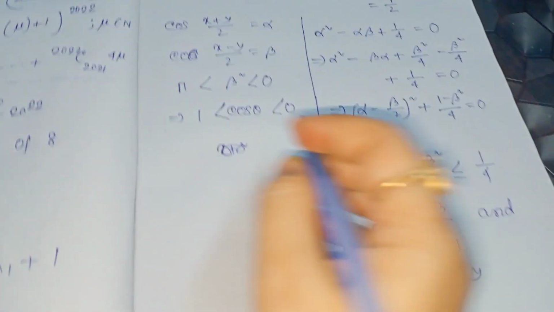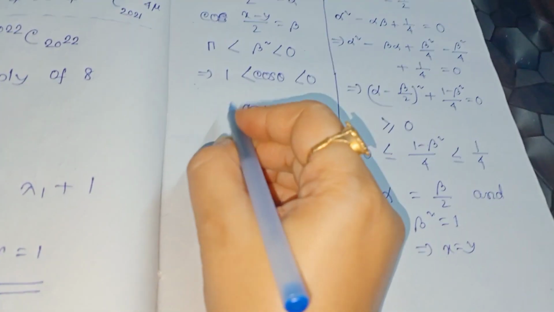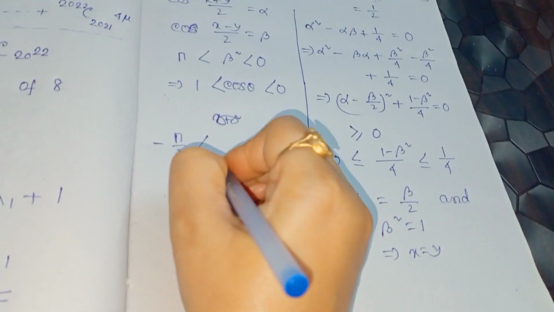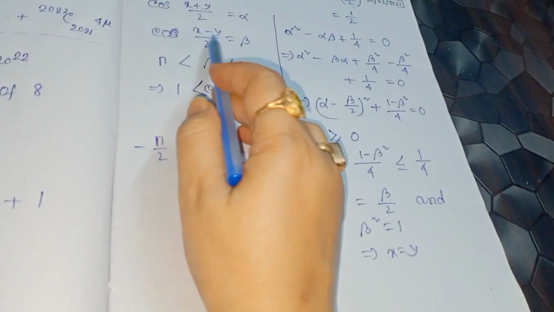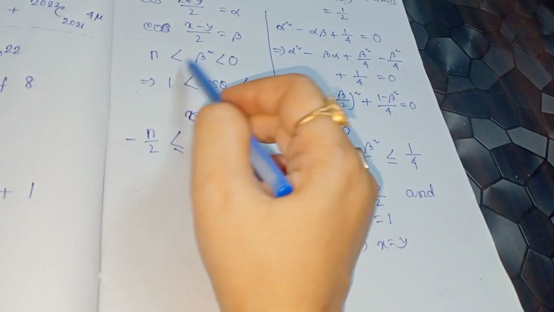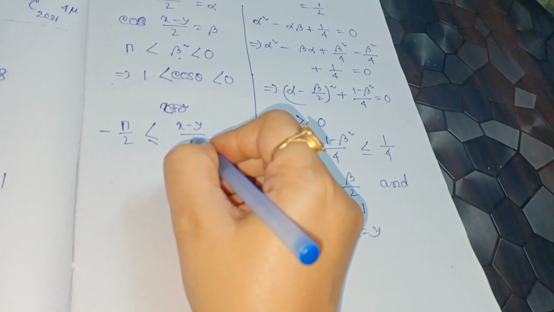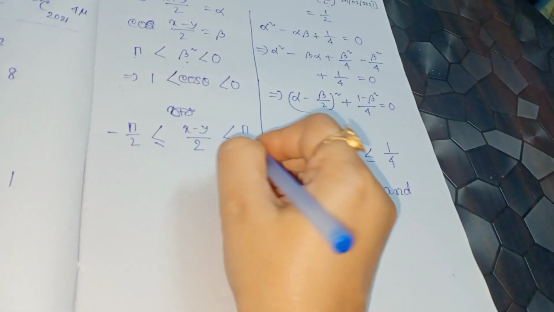So now cos of (x minus y) by 2 is equal to beta, and beta lies between 0 and 1, so (x minus y) by 2 lies between minus pi by 2 and pi by 2.